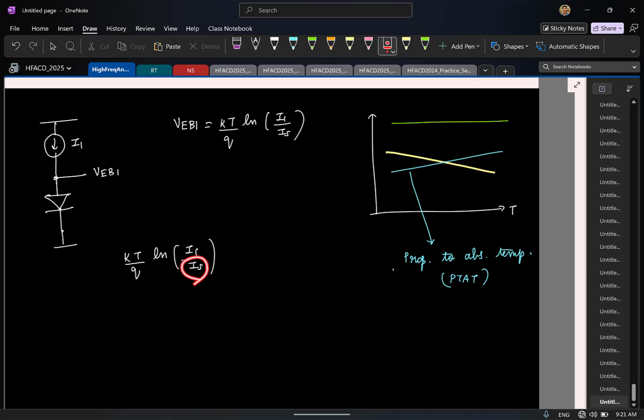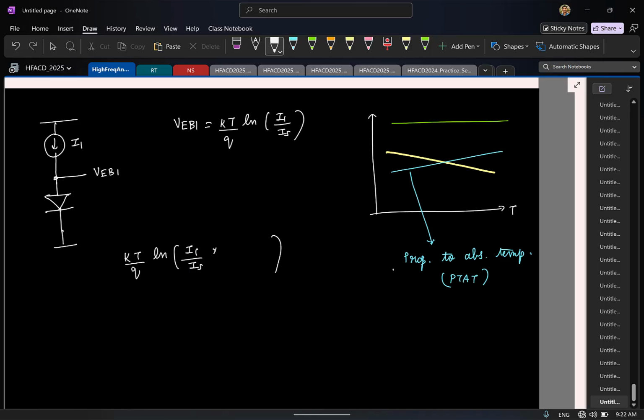This term Is. If I don't have this term Is, I am set, right? So mathematically, what should I do here so that Is goes off? If I give you the option to change the argument inside, what will you do here so that Is cancels?